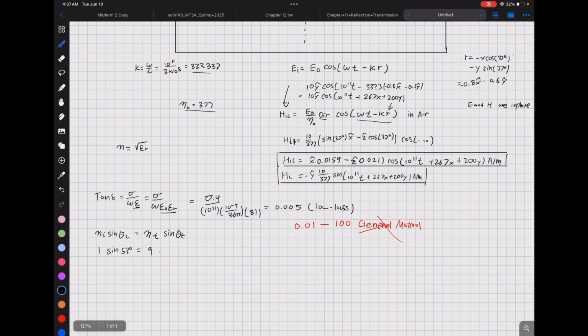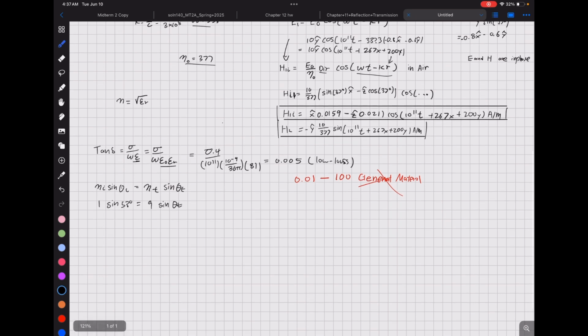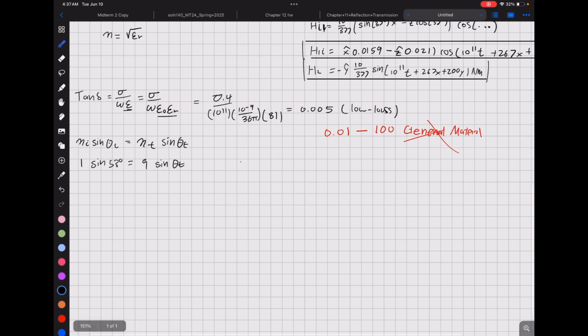So we have 9 sine of t, and like that, we have everything we need to find the angle. So the angle of t is going to be the sine inverse of sine 53 degrees over 9, and that's going to give us 5.09. And this can be our angle transmitted.